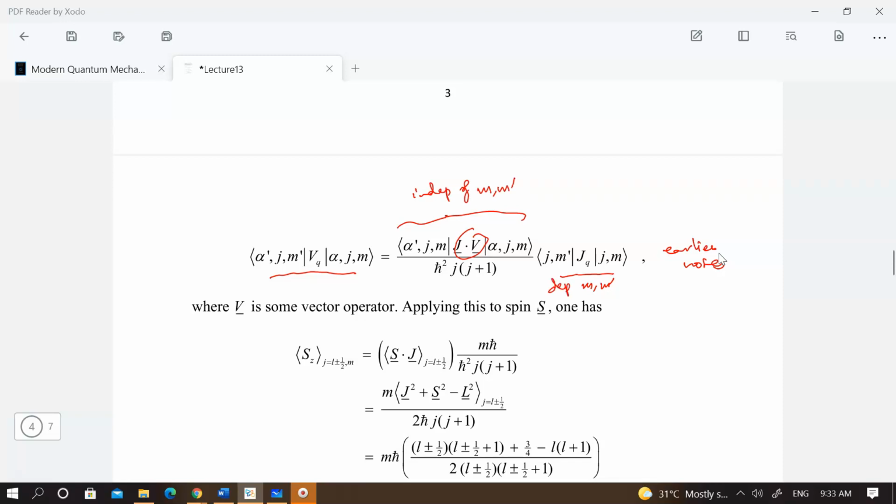We can use this projection theorem on the result that we had earlier. When you do that, V_q here is going to be replaced by Sz, and remember Sz corresponds to the q equals 0 component. You recall this from the spherical tensor discussion. So this V_q is V naught, and J dot V will just give you this S dot J.